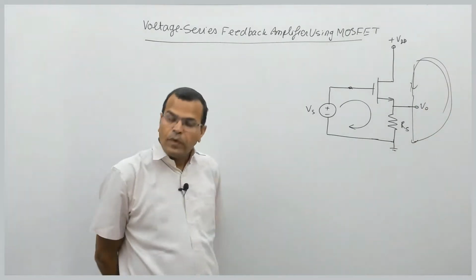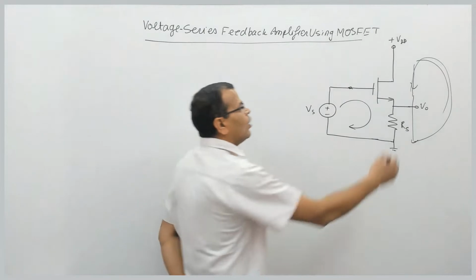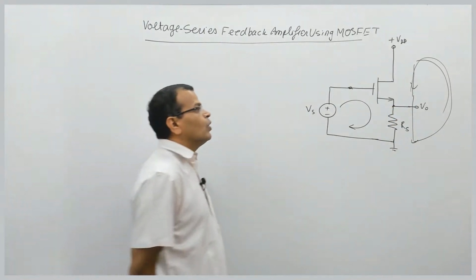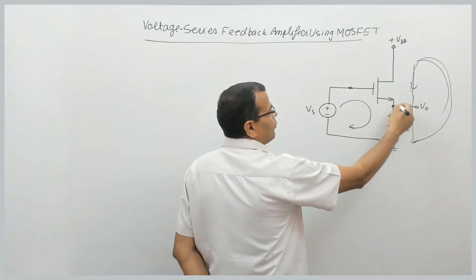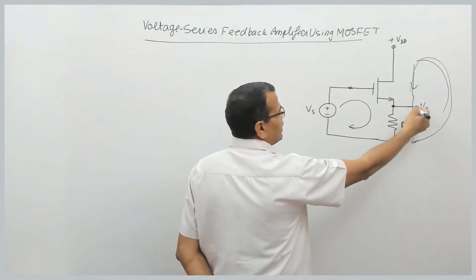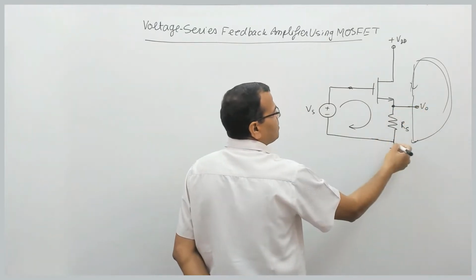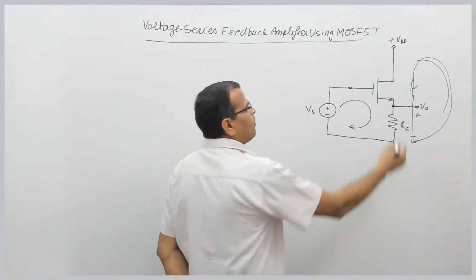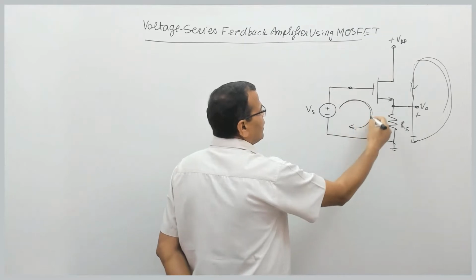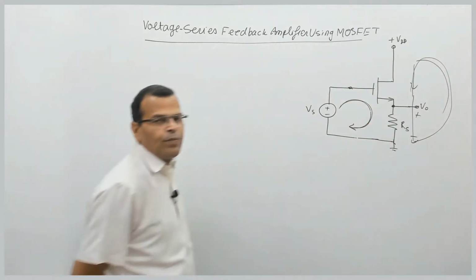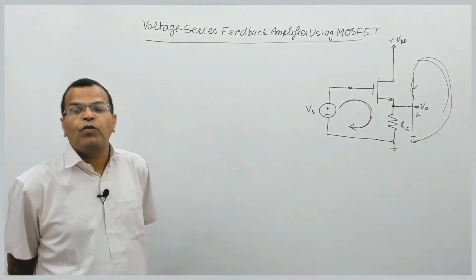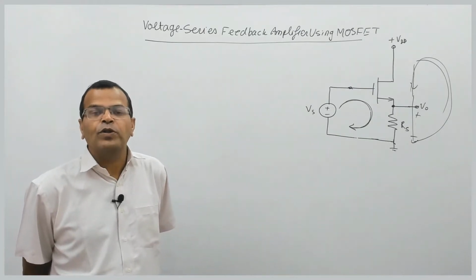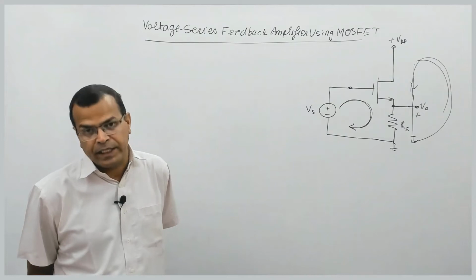Fine. Here we are taking output from the source terminal of the MOSFET. So the complete output voltage, when it is a node voltage, is always with respect to ground, that is this voltage. Fine. So that complete voltage is appearing in series with the input loop. When output voltage is appearing in series with the input loop, that is called series mixing.